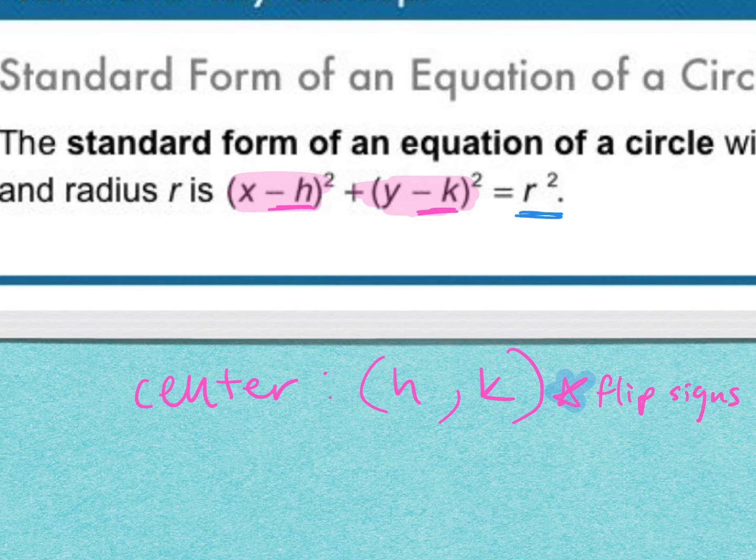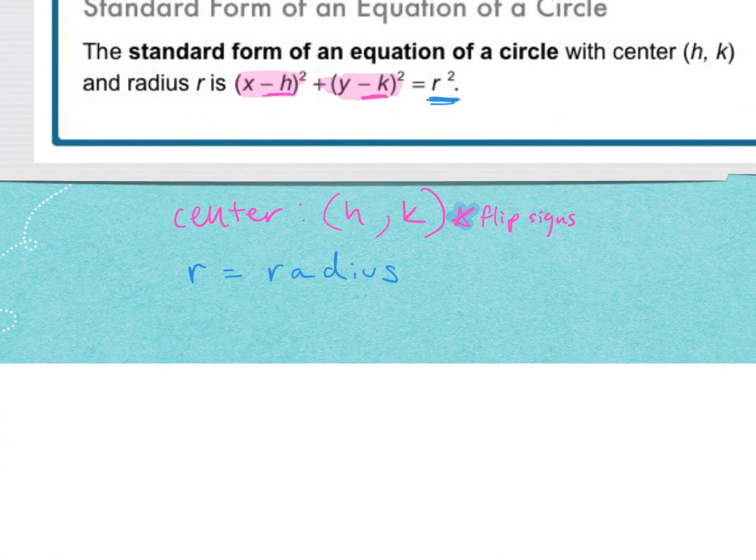And then next we have our radius, so it's always going to be equal to some number, and that number is our radius squared. So r is our radius of the circle. And if you don't remember what a radius is, we have a circle. Our radius goes from the center to the edge. So this is r.